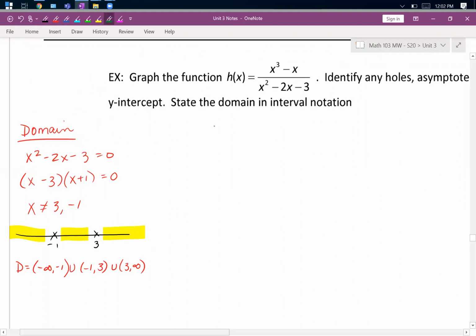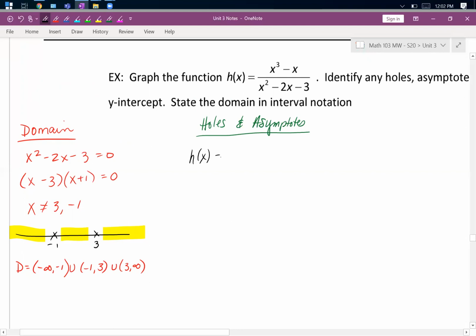Next up, we're looking for holes and asymptotes. To identify holes, we need to factor our function. So we'll do that first.